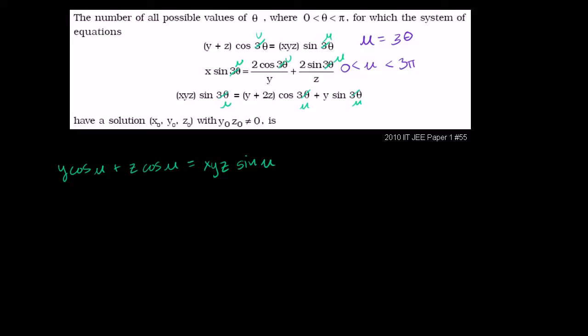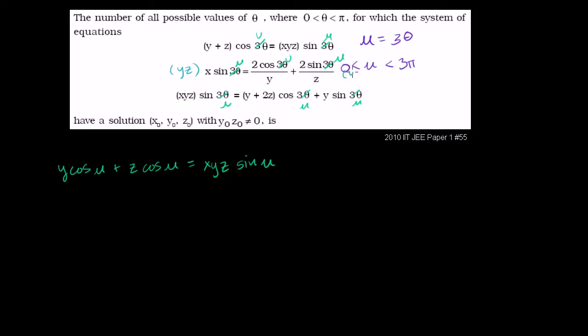That's this first equation. This second equation, it looks like if we multiply both sides by yz, we're going to have an xyz sine of u on the left-hand side, which is the exact same thing we have here. The right-hand side, not by xyz, just by yz. So we're going to multiply both sides of this equation by yz, so that these leave the denominator.